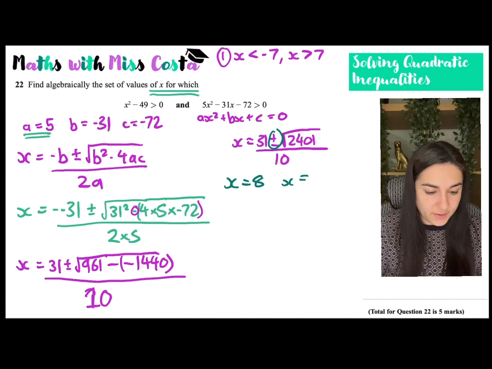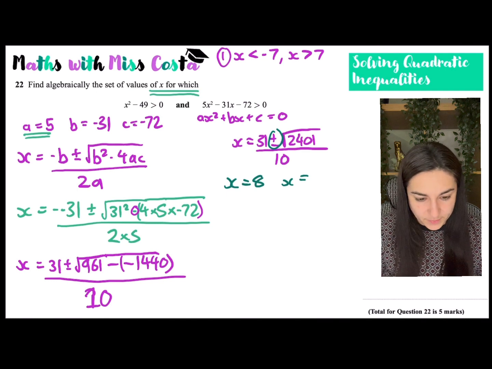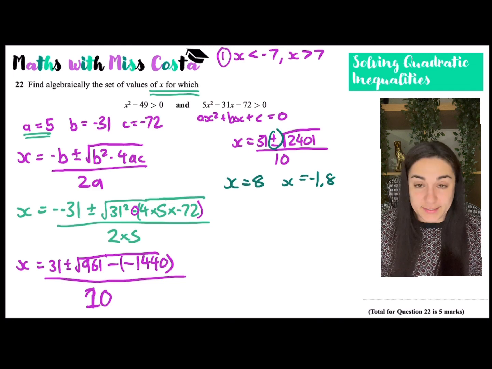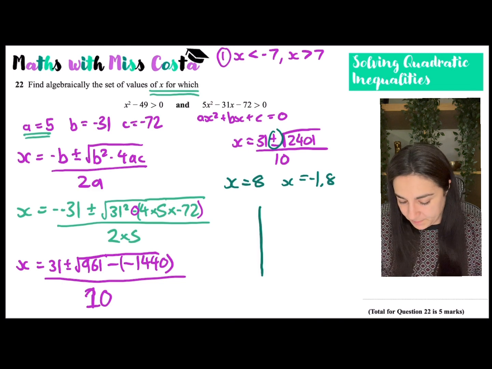And also if I then move things around and I subtract, I would be left with minus 9/5, which as a decimal is minus 1.8.